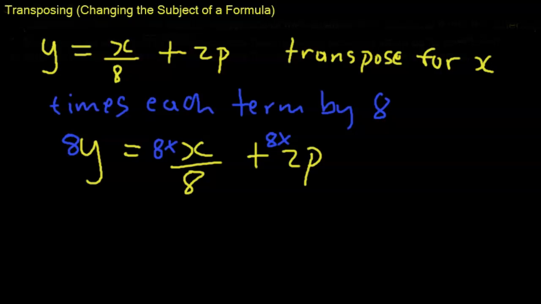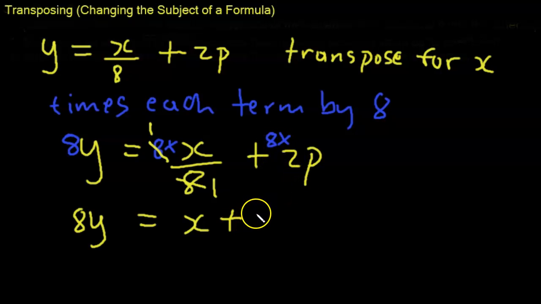Alright, so 8y. And then here's the reason why we're multiplying both sides by 8. This is the essence of why we're doing it. Because we want to get rid of this denominator here. So 8 into 8 is 1. Alright. So we end up with x plus, and 8 times 2p, that's 16p.